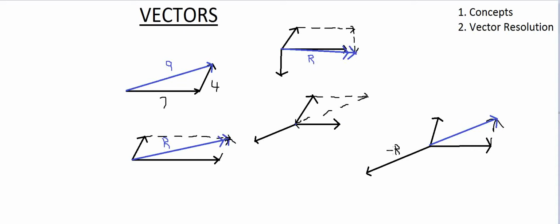So the vector itself is negative r. Let me fill this in first. So this is the third force that will act on the system to make it be in equilibrium.